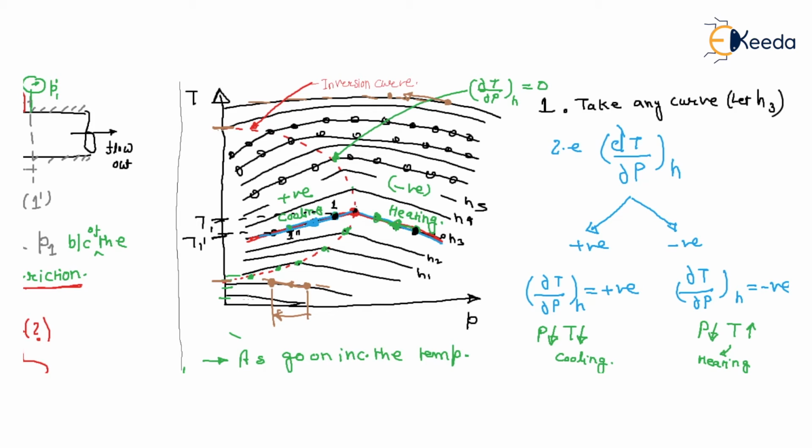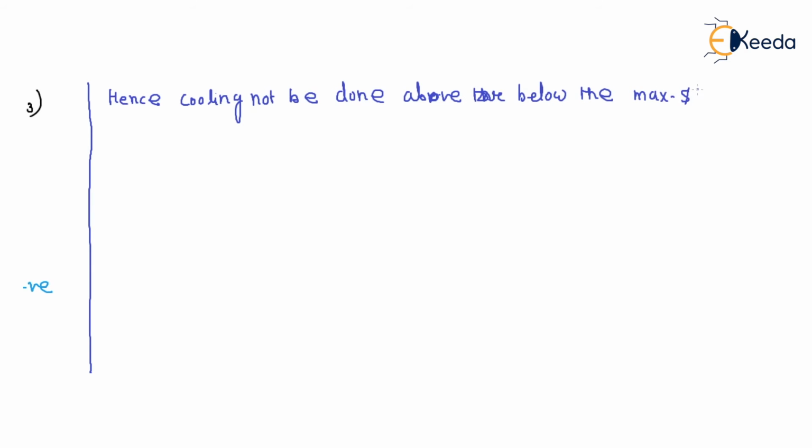So from this conclusion we can say that cooling cannot be done above or below the maximum and minimum temperature of the inversion curve. Right?